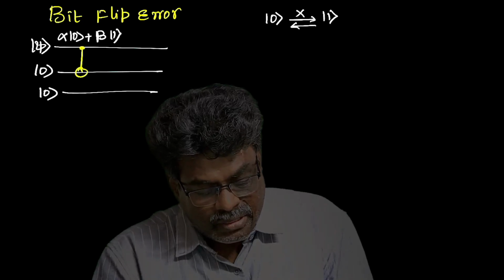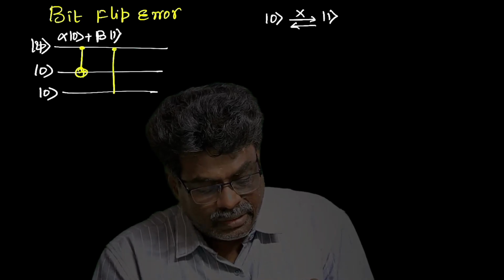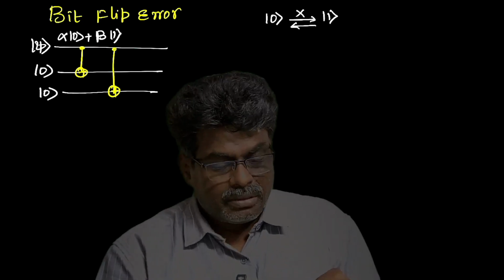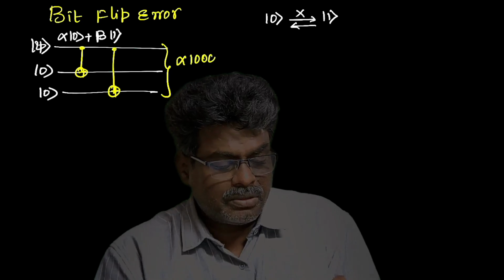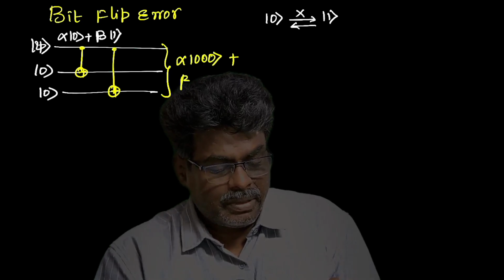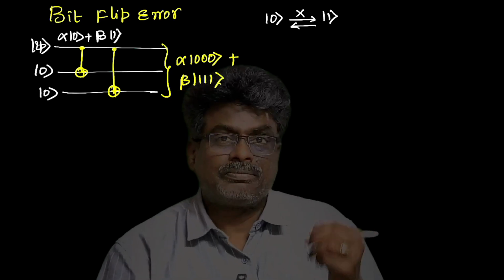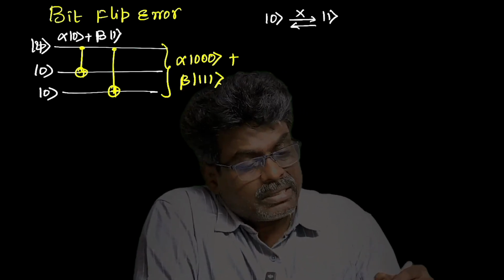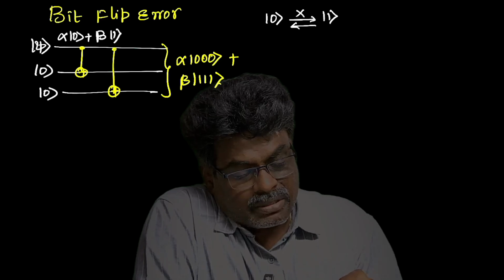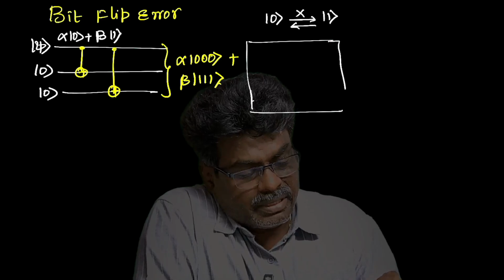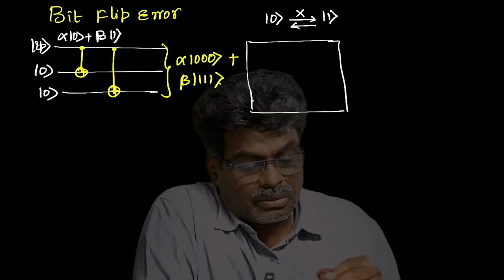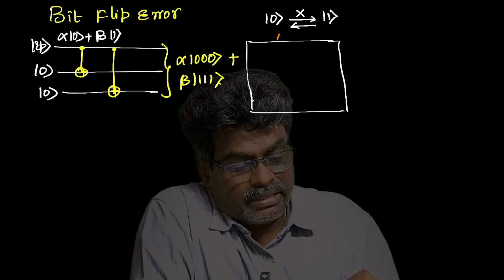So here a C naught gate and here also a C naught gate. This will become alpha 000 plus beta 111. Now let us suppose we got some noise, that means whenever the qubit interacts with the environment, there exists some noise.